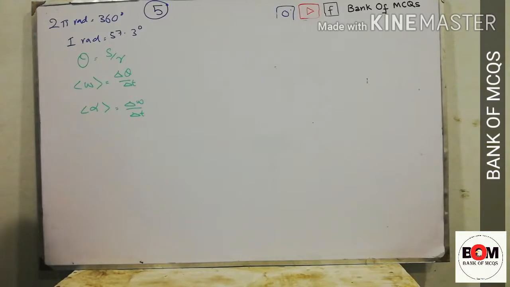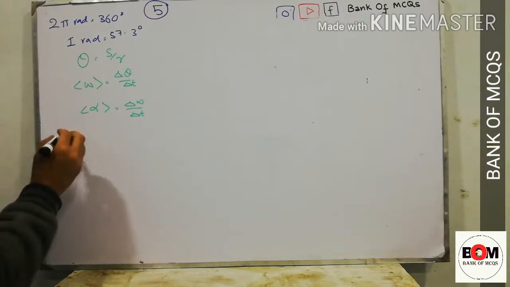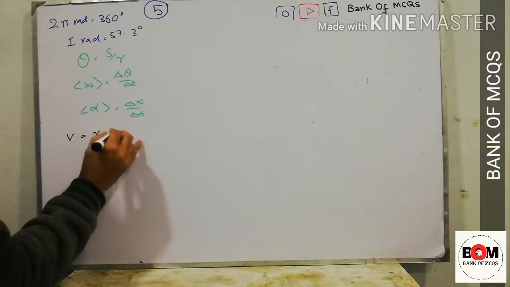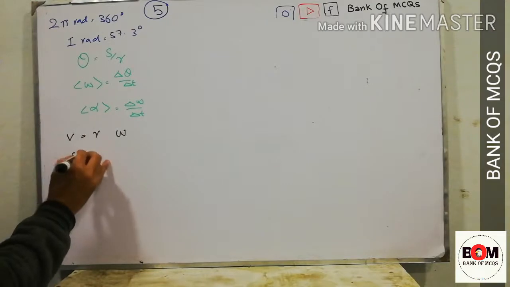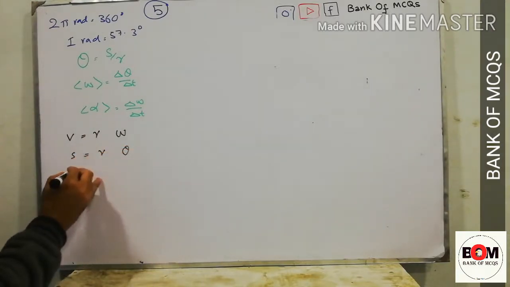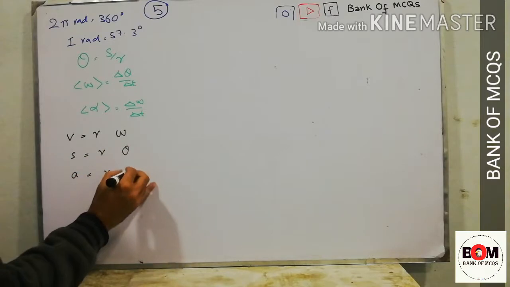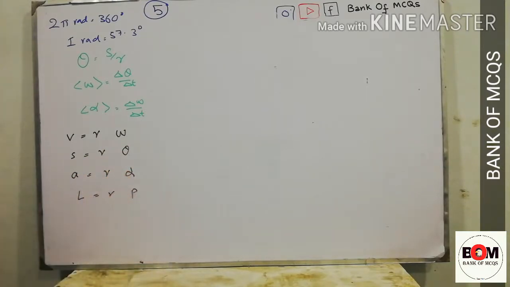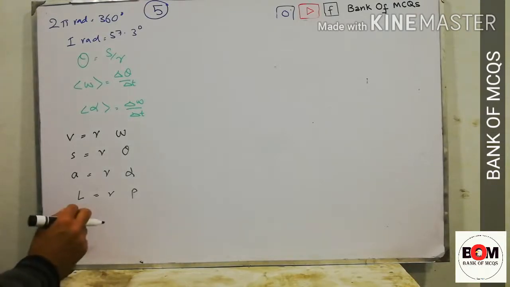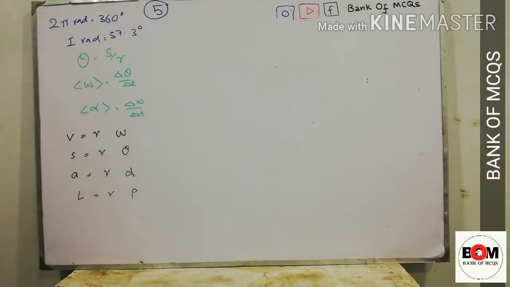The next was the relation between linear and angular quantities. So we know that v is equal to r into omega, s is equal to r into theta, a is equal to r into alpha. The next was centripetal and centrifugal force.